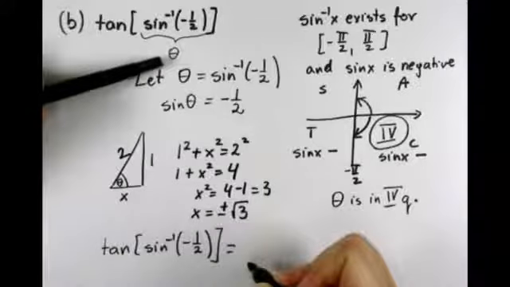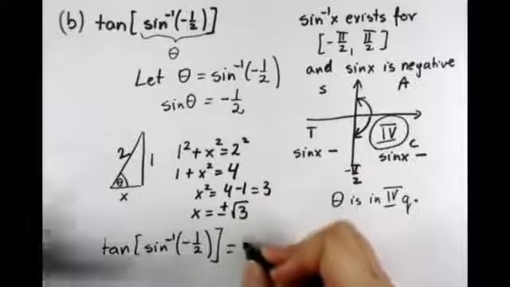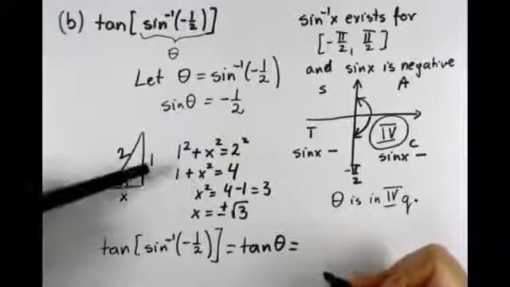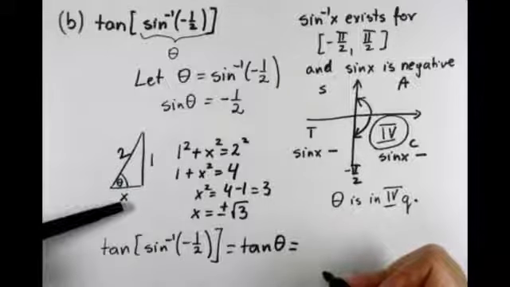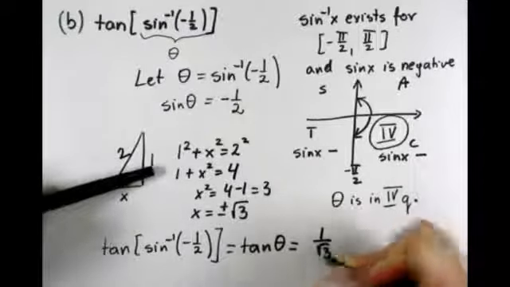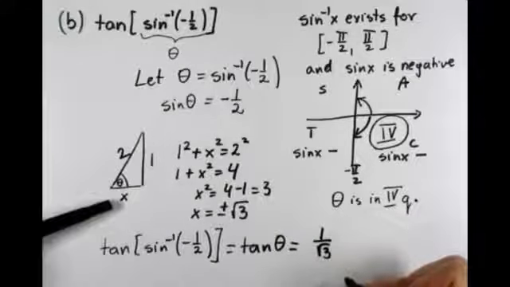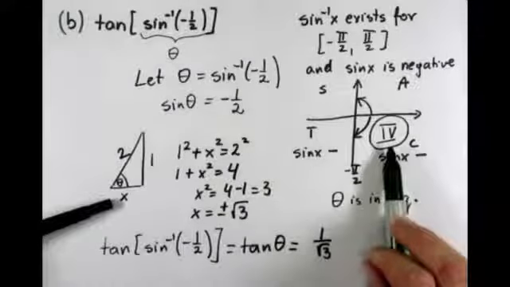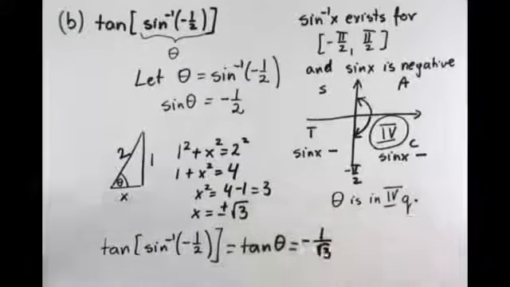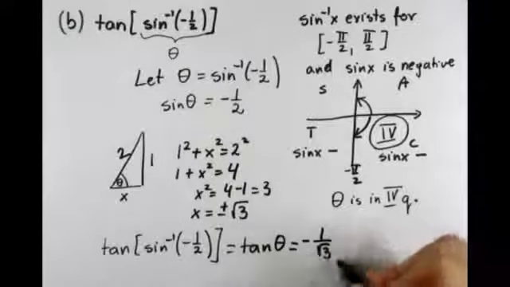As we said, this one was theta, so I have tangent of theta. Tangent is opposite over adjacent, so I will have 1 over root of 3. But now tangent is in the fourth quadrant, so we're going to put a minus right here. So the final answer is minus 1 over root 3.